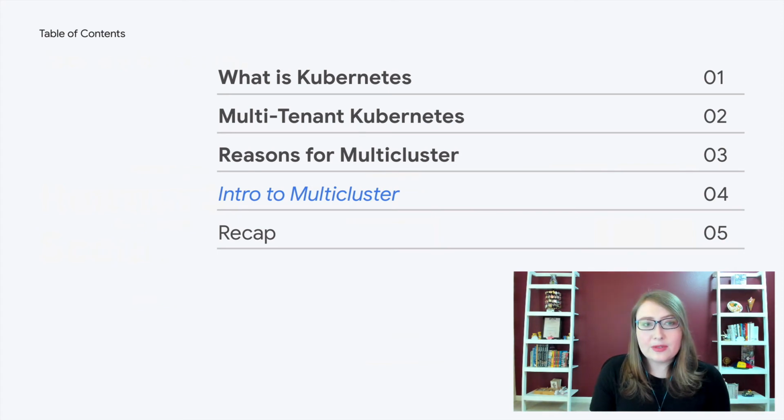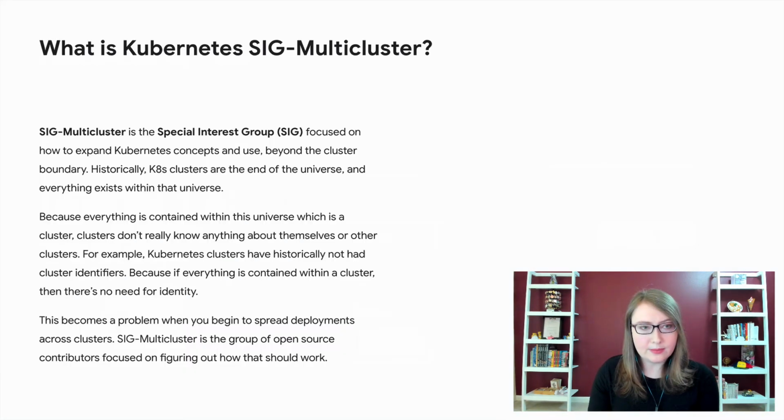So of course there are a lot of reasons that we've gone over here why you might want to use multiple clusters. So let's now talk about what multi-cluster looks like in Kubernetes.